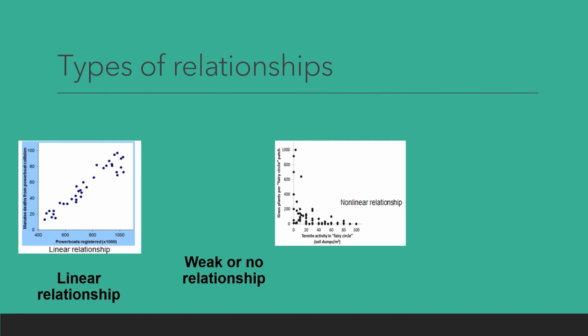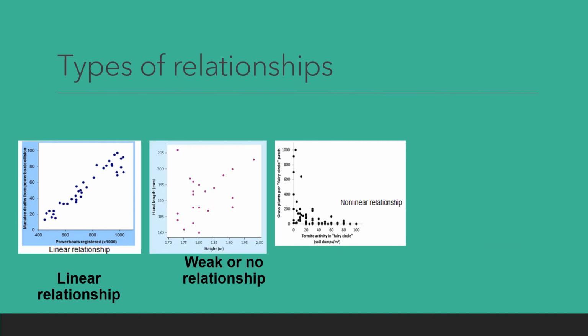When we talk about the relationship, in the first diagram, it looks like as x increases, y increases. So it is linear and it is in the positive direction. So we say it is almost a line, and we say that it has a linear relationship. Whereas in the second diagram, the points are scattered all over.